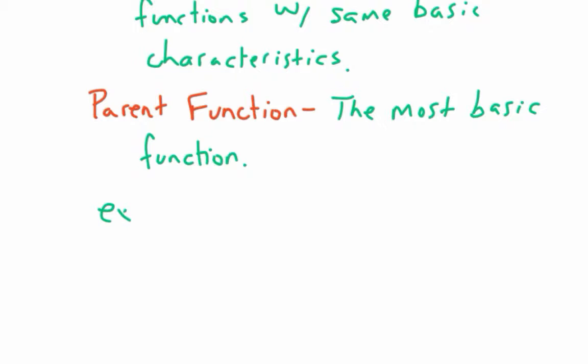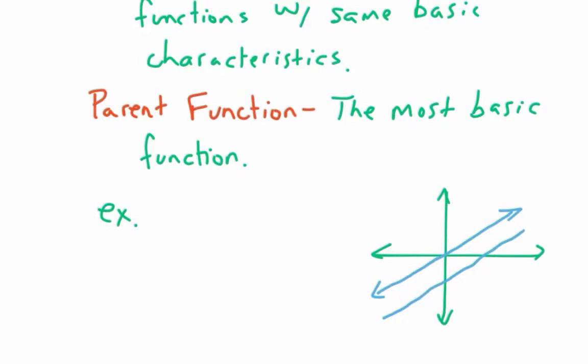If I were to have a graph, and I'm going to pick a line that goes up on some sort of an angle through the origin, something like this. And I'm going to draw one parallel to it but down a little bit, and then one up above it, parallel to it.